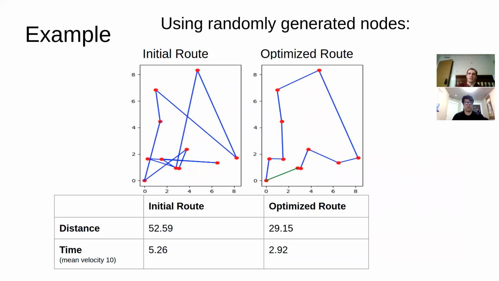And then this is what that looks like. On the left, we have the initial route. This is just a randomly generated route through these randomly generated nodes. And this is the optimized route. You can see that the distance of the route is much shorter for the optimized route, and therefore will take a lot less time. In these slides, the distance and the time are unitless, generalized units.